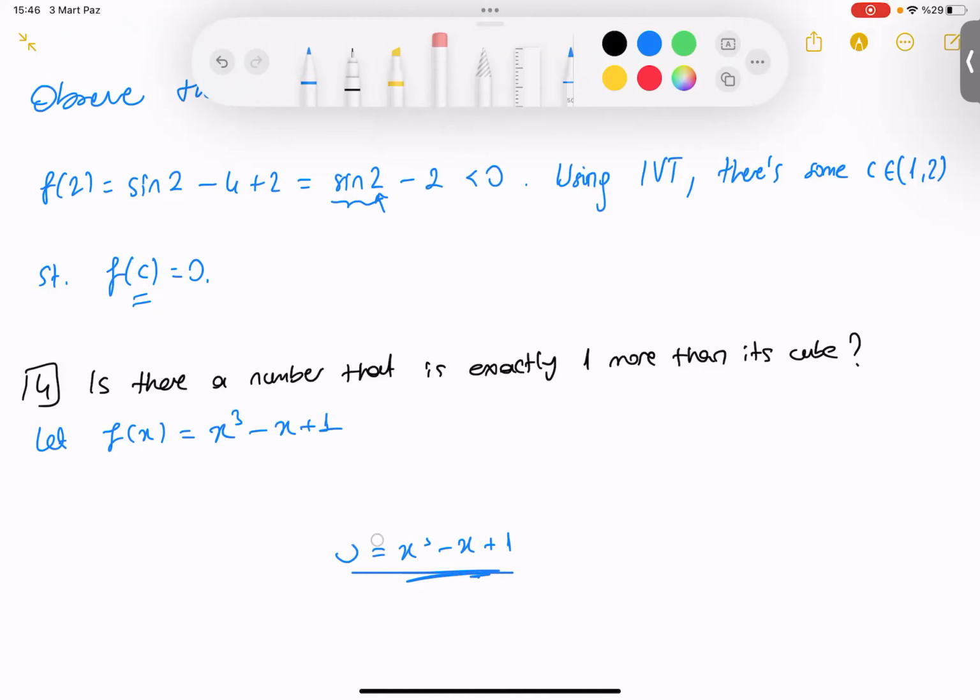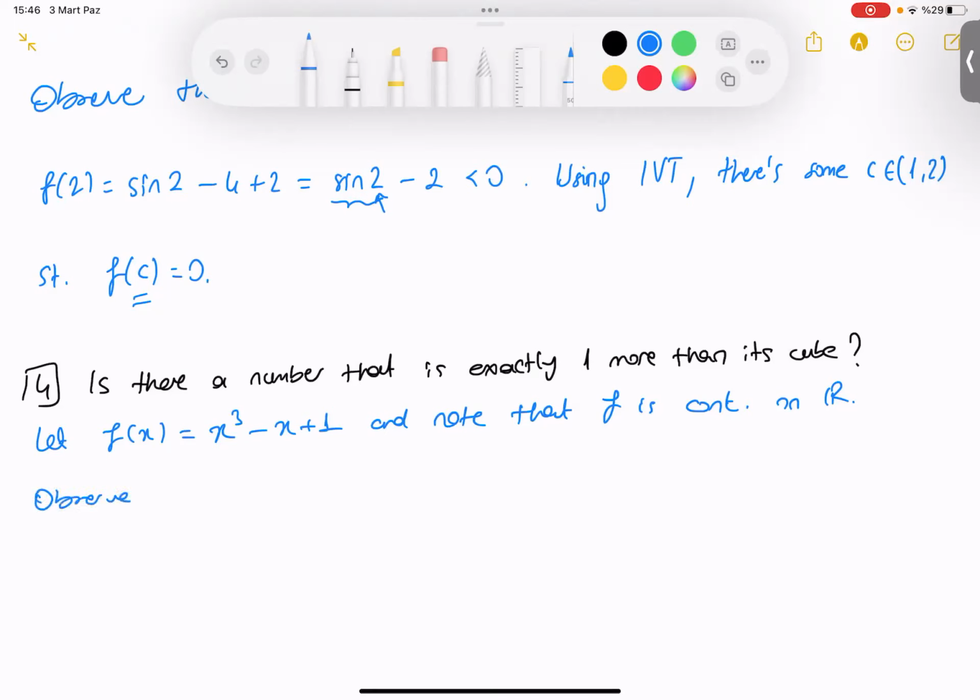Okay, again, note that f is continuous on all real numbers. We will need only 2 points on which the function gets negative and positive values separately, right? So observe, I already computed those and found those points, so I will directly write them.